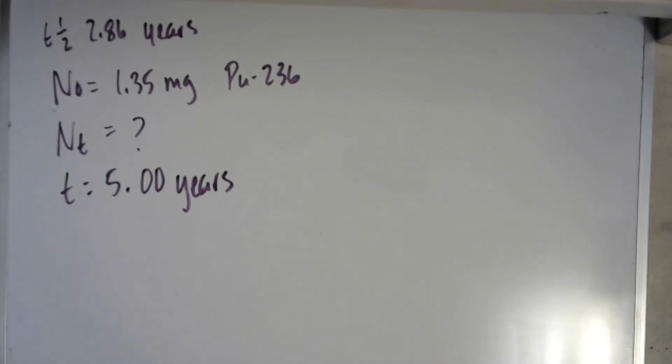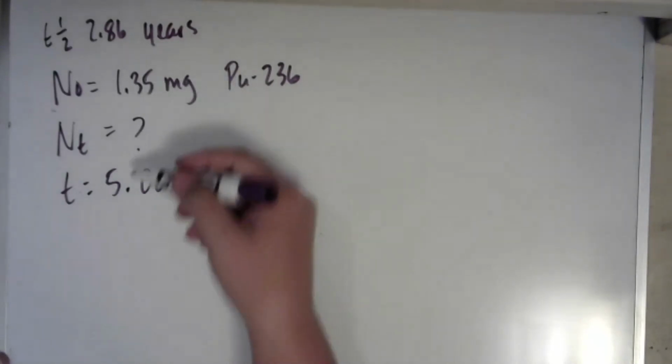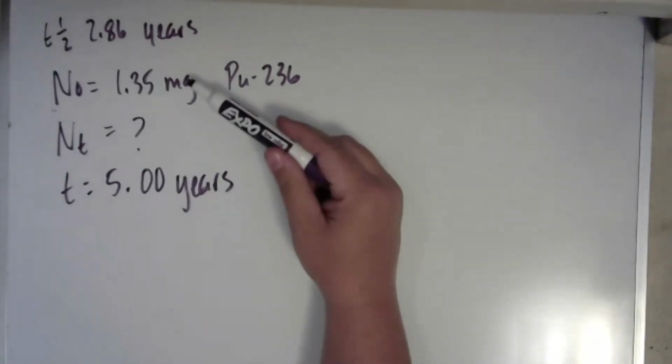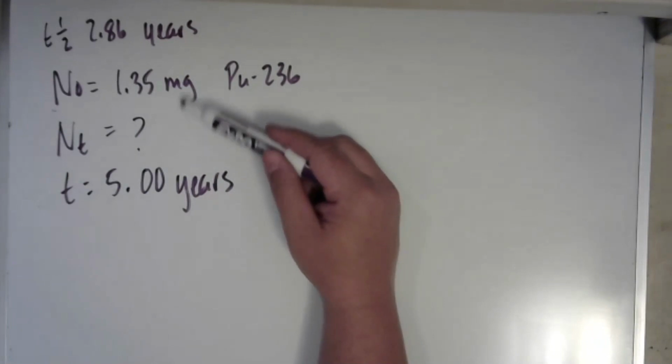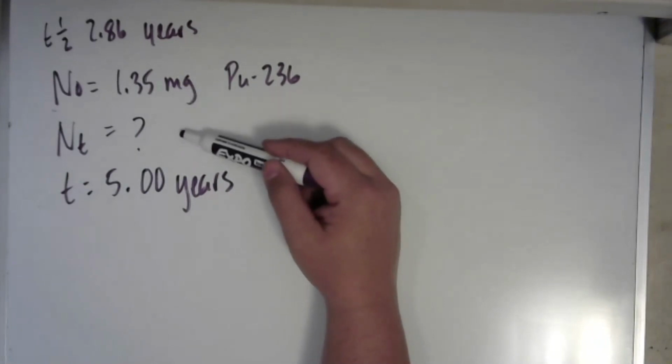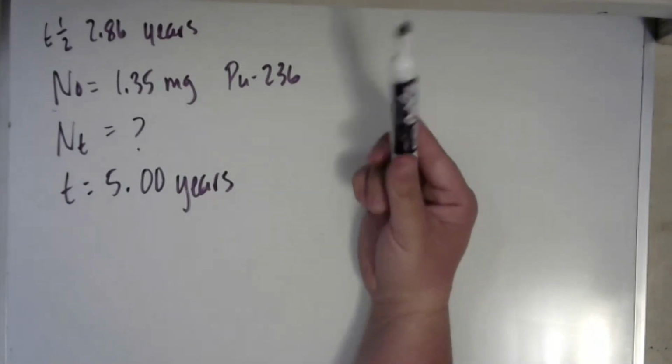So this starts to look a lot like those rate law problems from chapter 15. We see right away that because we have a concentration at an initial time and a concentration after some time has passed, we are going to need to use the integrated rate law to solve for this.